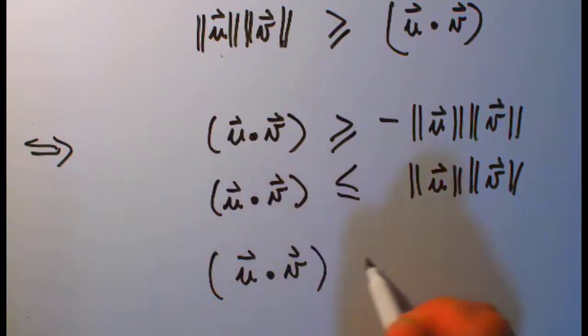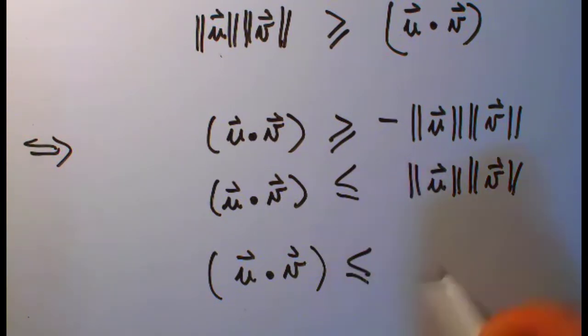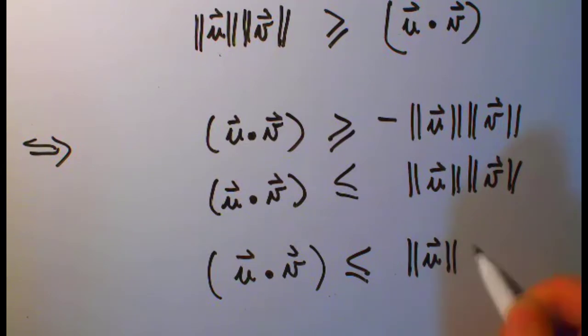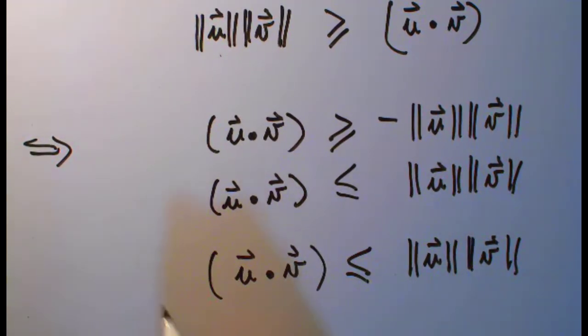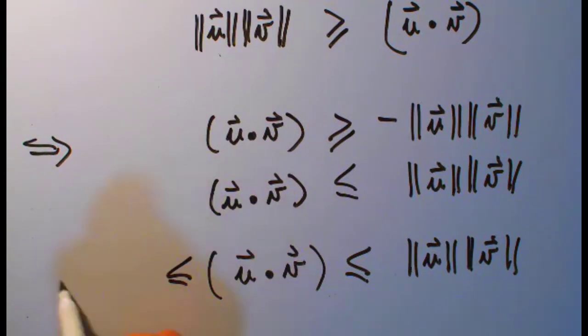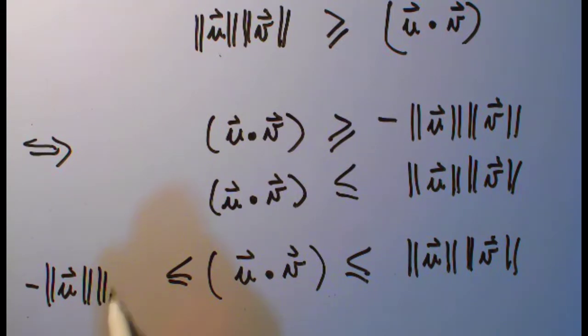Or in other words, u dot v is trapped between: on one hand, it is less than or equal to length u times length v, and on the other hand, it's greater than or equal to the negative of length u times length v.